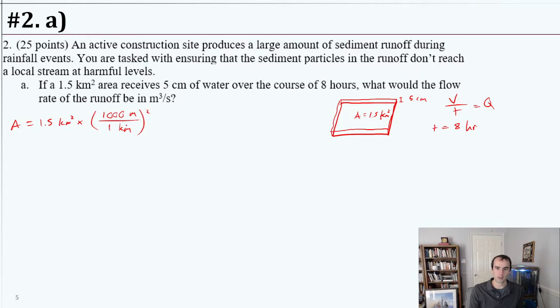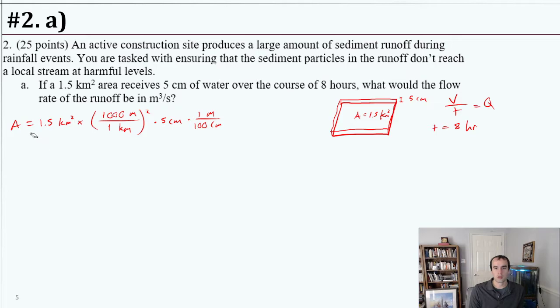That'll get rid of the kilometer squared units and give us a term with just meters. We also have to do the same thing for the centimeters. We have to multiply this by 5 centimeters, and of course in 1 meter there are 100 centimeters. That'll get rid of those terms. Excuse me, that's for the volume. I just did the area there.